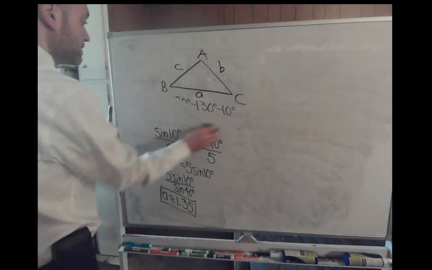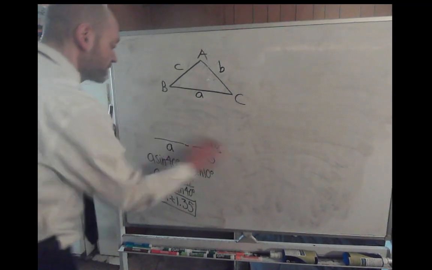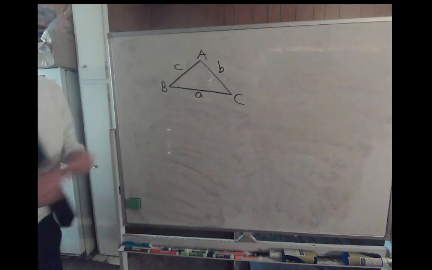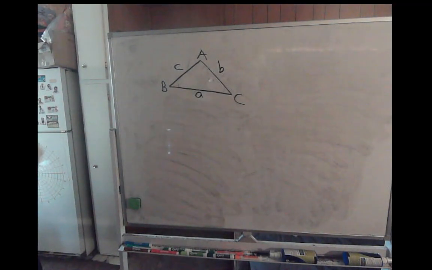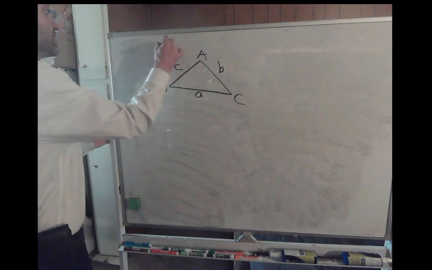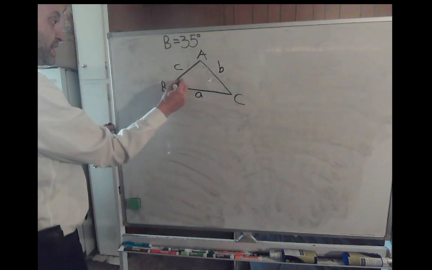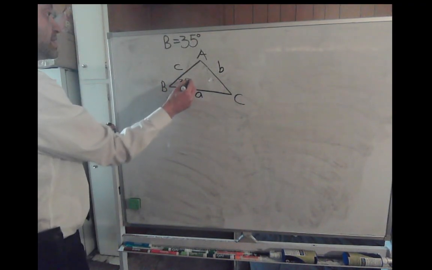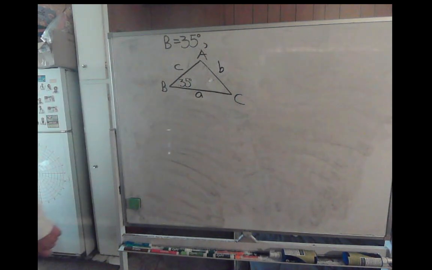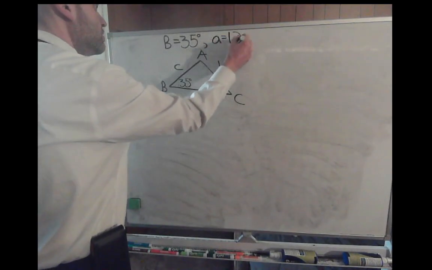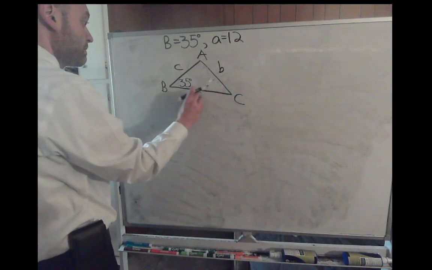All right. Let's see what we're given. B is 35 degrees. So let's put that in, 35 degrees. A equals 12, side A is 12, so let's put that in here.